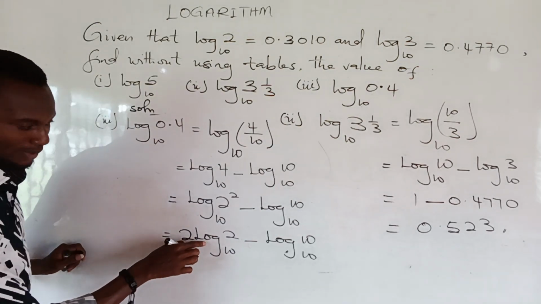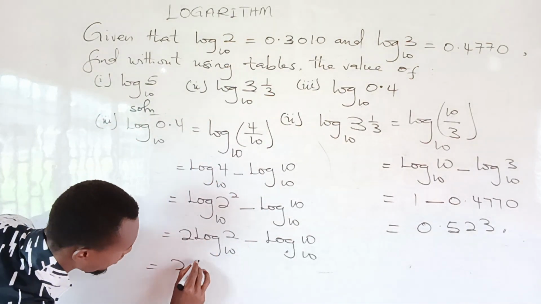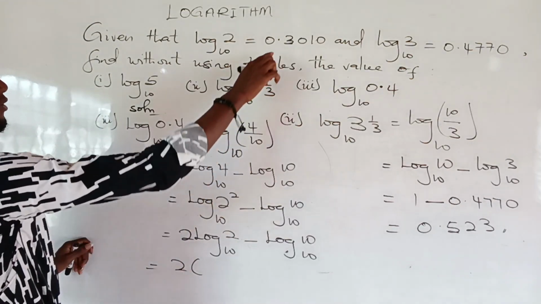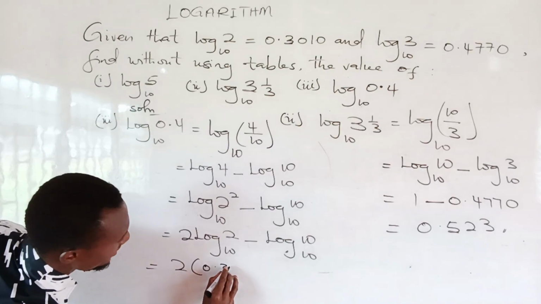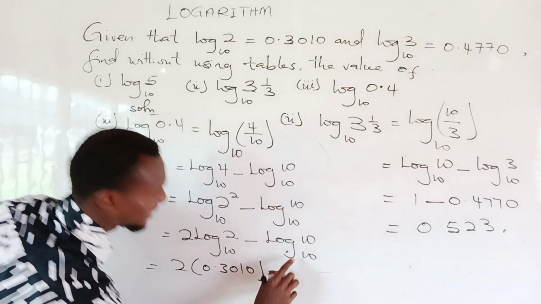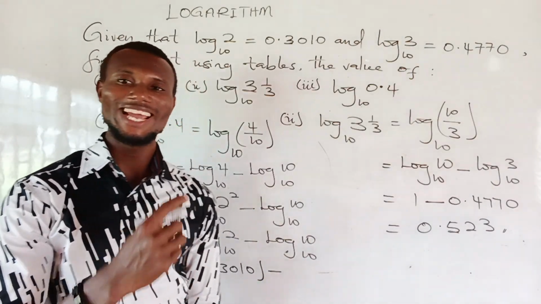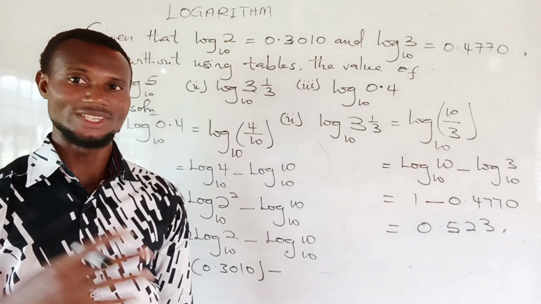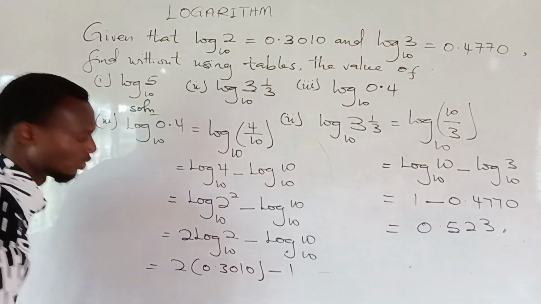The 2 is multiplying the log 2 to the base 10. Take note of that. So I'm going to write 2 into brackets. Then I'll put the value of log 2 to the base 10 there, which is 0.3010. Then bring your minus sign, then log 10 to the base 10. And the log of any number to the base of that same number is always equal to 1. So log 10 to the base 10 will be equal to 1.